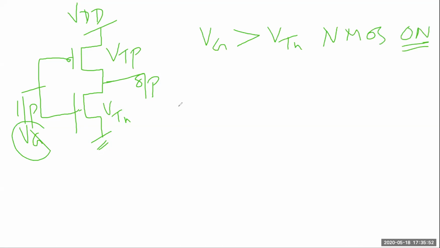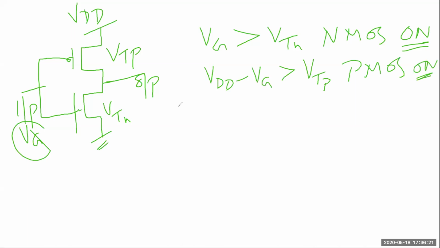Now when we are talking about the PMOS, you know pretty well that if VDD minus VG is greater than VTP, then we will say the PMOS is on.